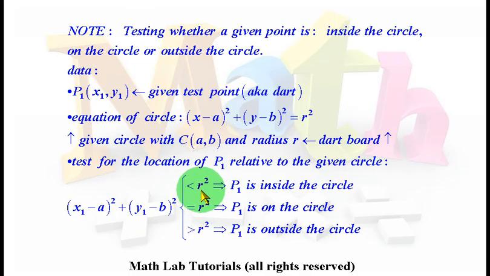It's a very, very easy test. Less than, inside; equal to, on; and greater than, outside the circle. So if it's less than r², the dart hits the dartboard. If it's equal to r², you're right on the perimeter of the dartboard. And if it's greater than r², you're completely outside the dartboard, and you need more practice, obviously.